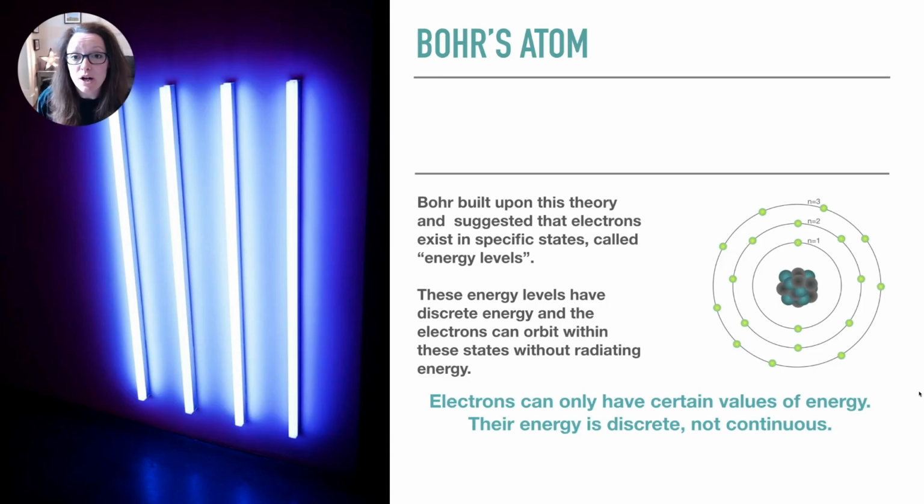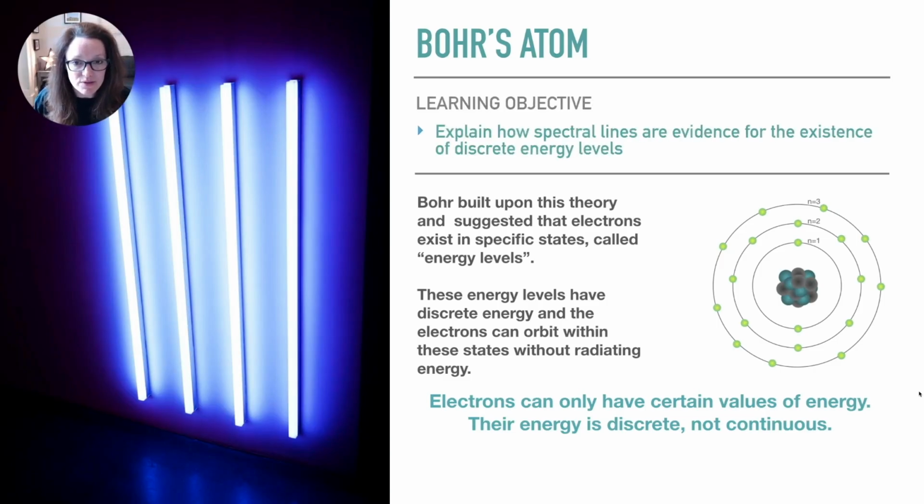And this is where Bohr came up, Niels Bohr. He said, well, okay, we know that the centre of the atom, the nucleus, is positive and has neutrons and protons in it. And we know that the electrons orbit around the nucleus. But he suggested that electrons exist in specific states called energy levels.